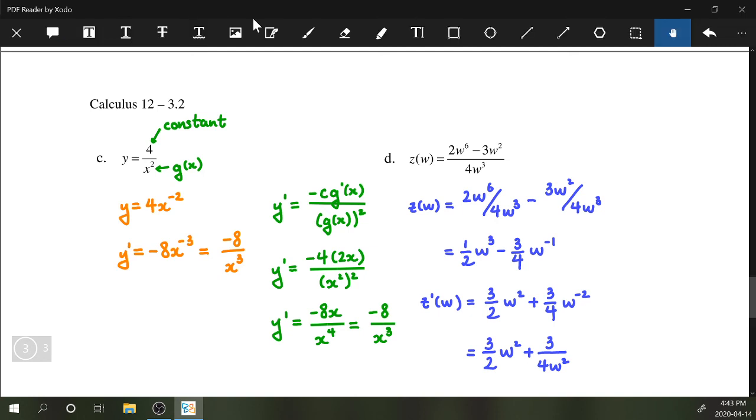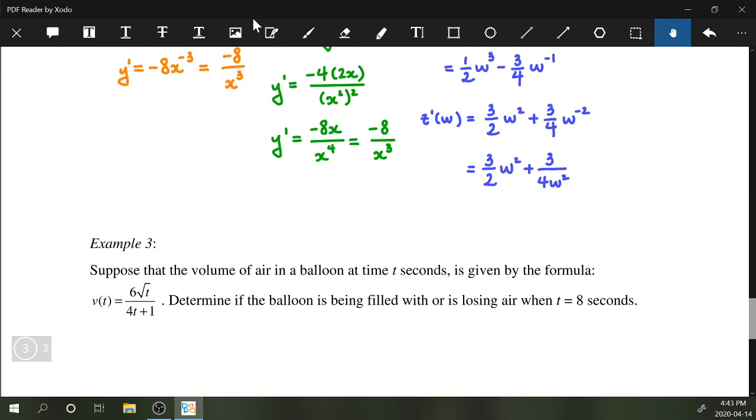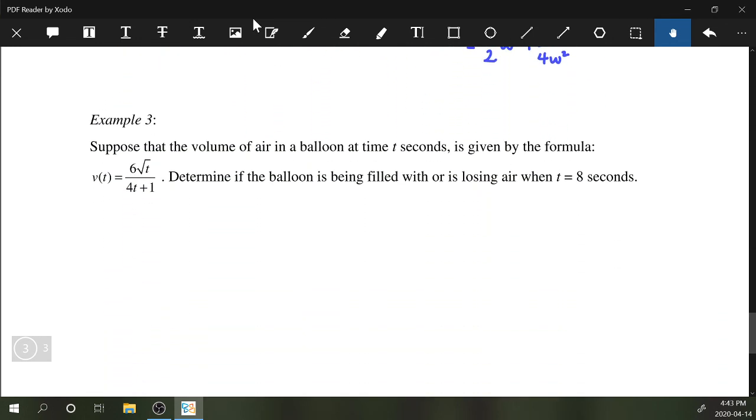So the last little bit about the quotient rule is combining what we learned so far with an application question. It says, suppose the volume of air in a balloon at t seconds is given by the formula V of t, so volume in terms of time, is equal to 6 times the square root of t divided by 4t plus 1.